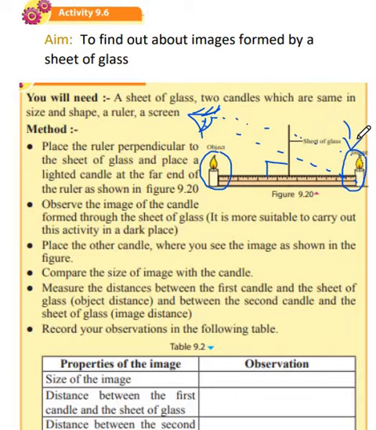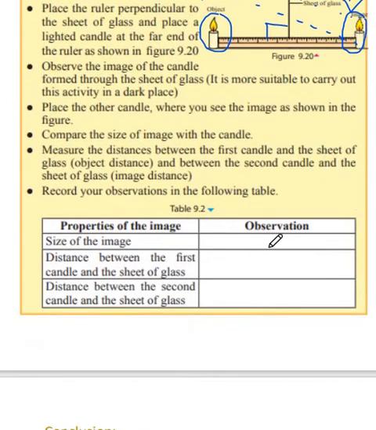over here. Then you will be able to use this ruler and measure the distance between the object and the glass sheet and the distance between the image and the glass sheet. Then we must record our observations over here. What was the size of the image? Did it change? Did it become big?